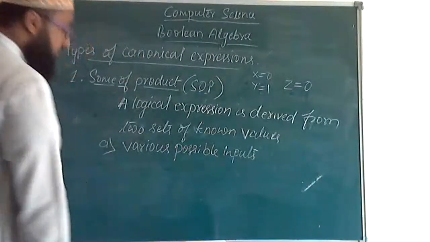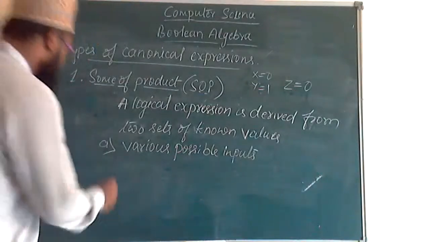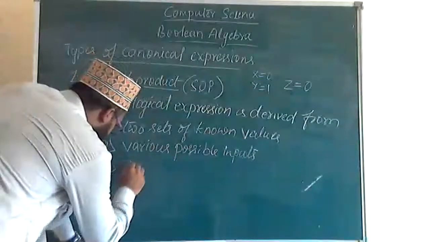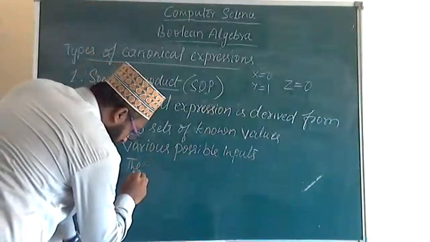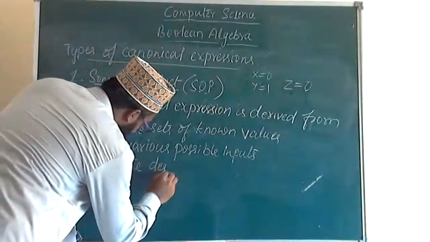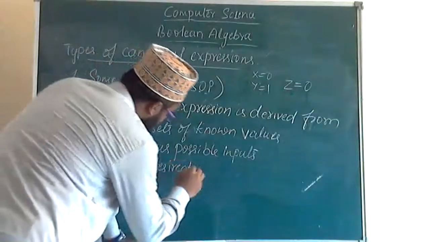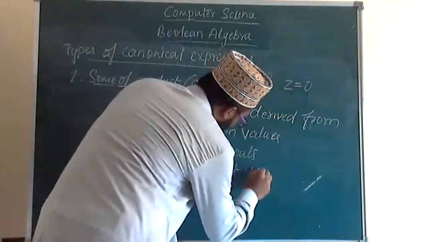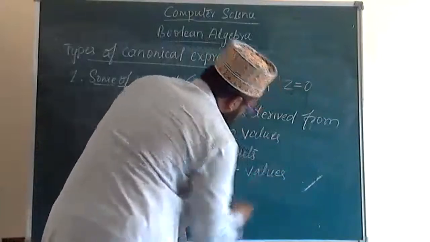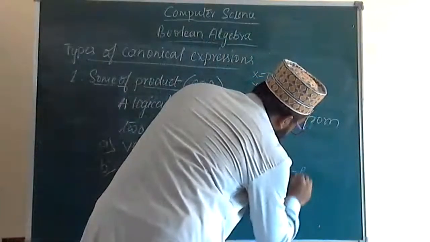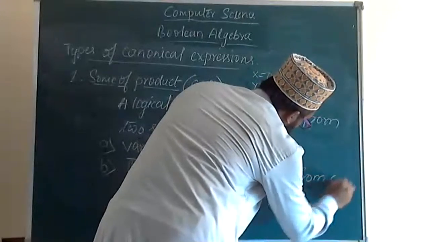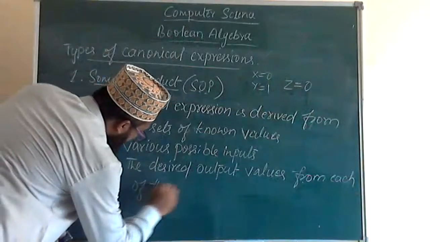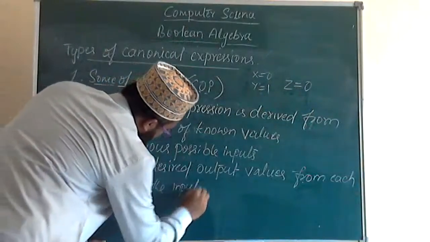The second is the derived output, the desired output values from each of the input combinations.